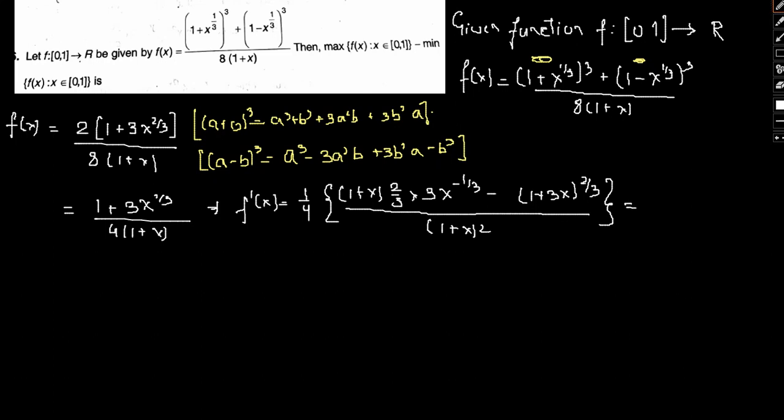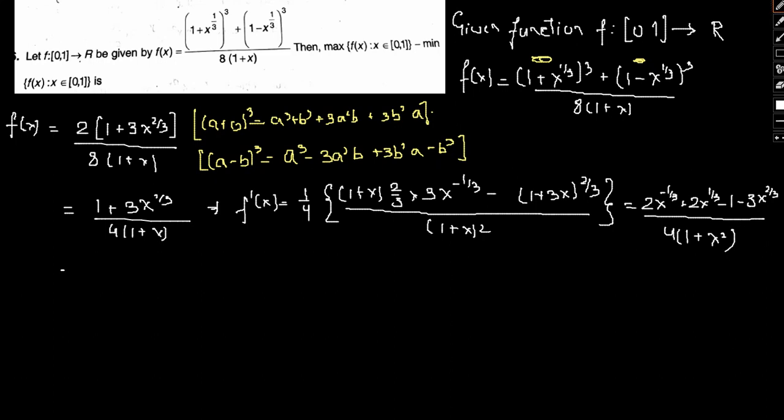This can be further written as 2x^(−1/3) + 2x^(1/3) − 1 − 3x^(2/3), divided by 4(1+x)².